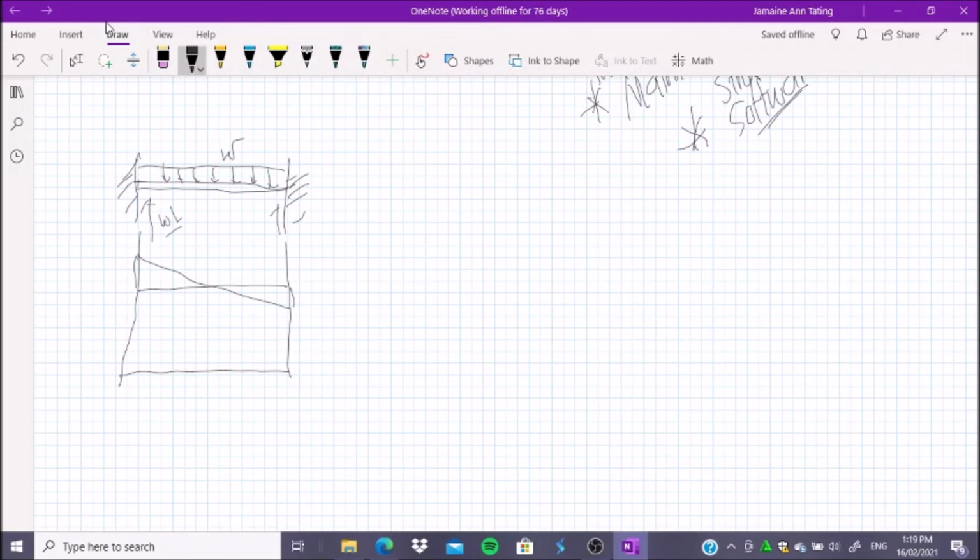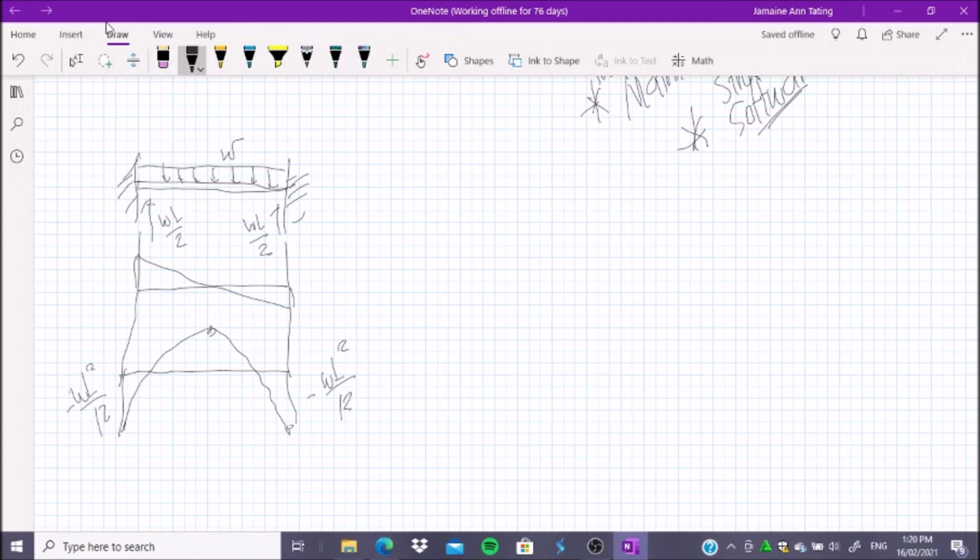The moment diagram has negative, positive, then negative again. And the negative moment is WL squared over 12.